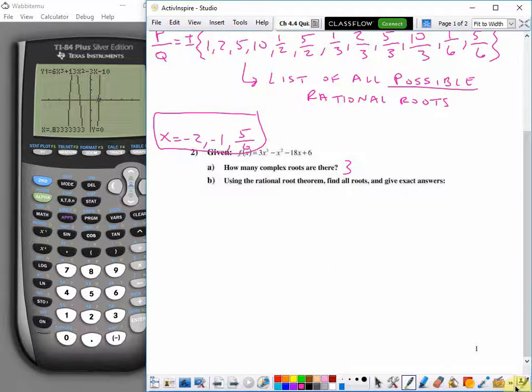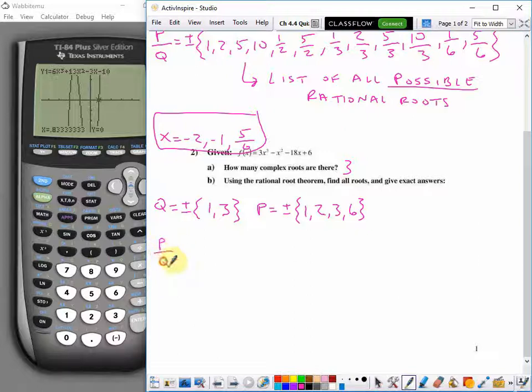Okay, so here on number 2, there are going to be 3 roots. We need to find a list of all the possibilities. So we'll start with Q, and that's plus or minus the factors of the lead coefficient, so 1 and 3. P is plus or minus all the factors of the constant term; 1, 2, 3, and 6 all go into 6.